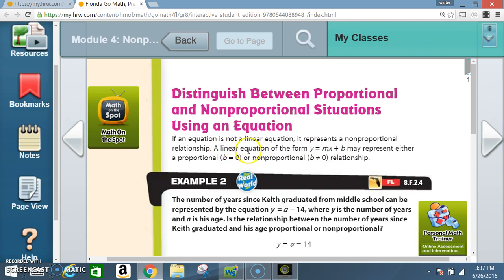So once again, a linear relationship of the form y equals mx plus b may represent either a proportional or non-proportional relationship. Proportional would be if the graph were going through the origin. Non-proportional would be if the graph were not going through the origin, but still linear in both situations.